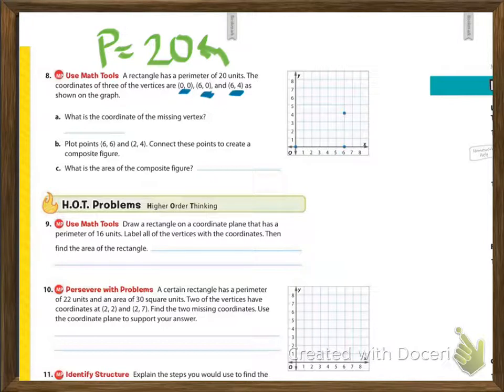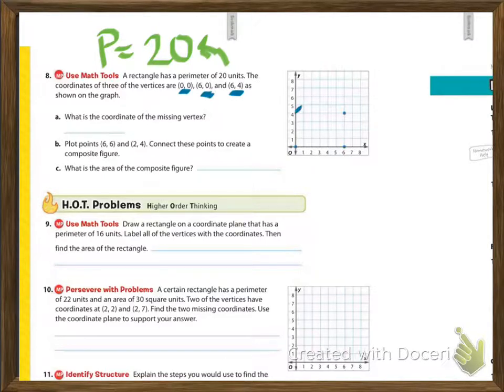Since you know it's a rectangle and you know the properties of a rectangle, you know that the missing vertex must be here, starting at 0, 0, and then you need to walk all the way up to 4. So it is 0, 4.